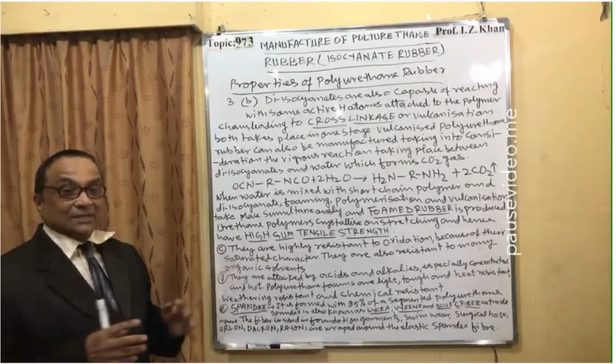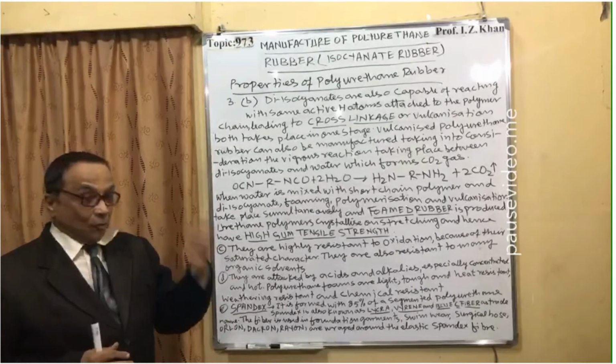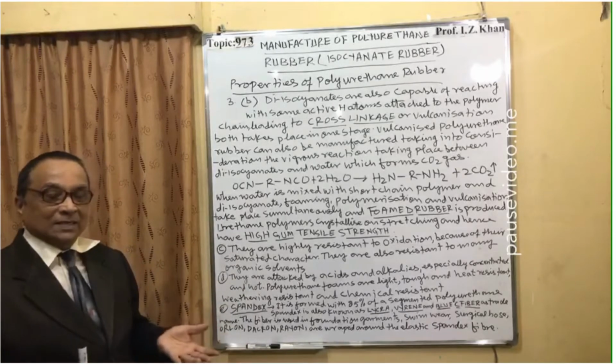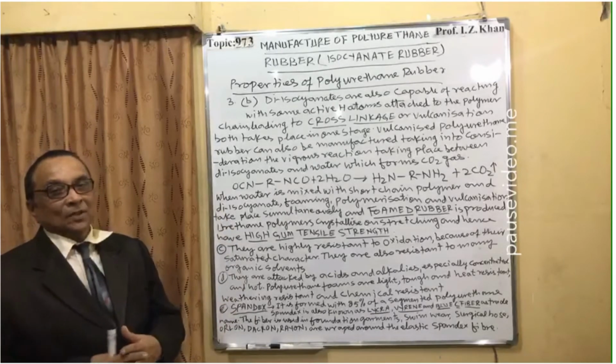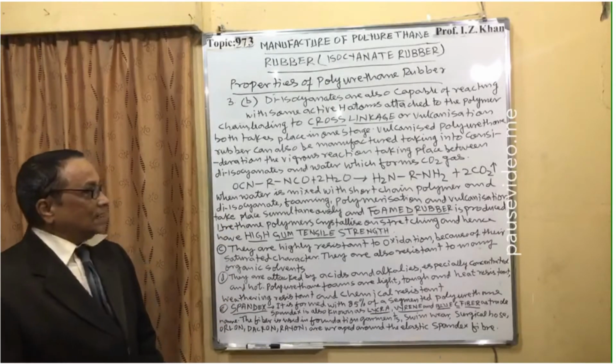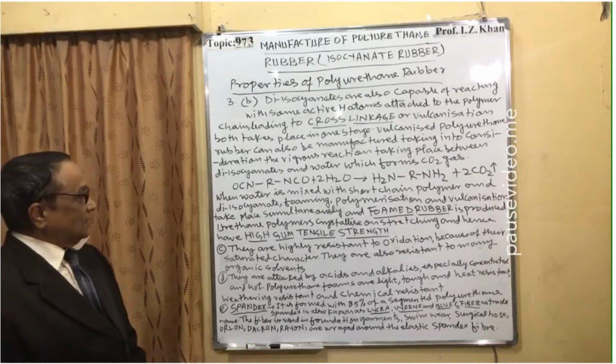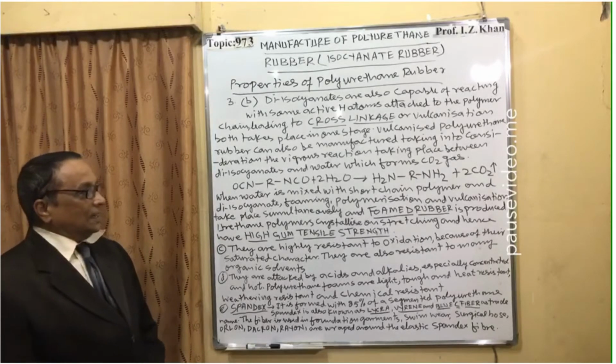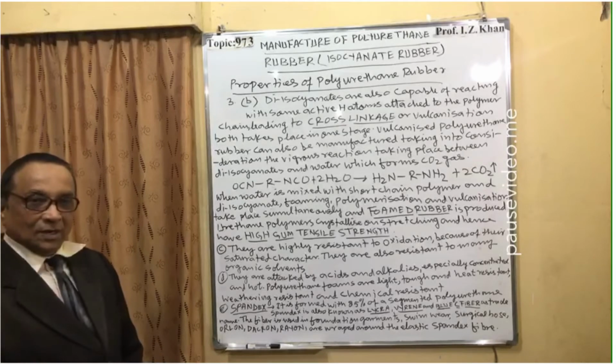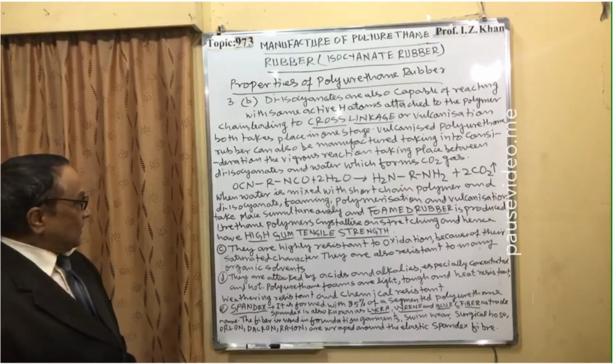So once it is mixed like that, there will be a foaming reaction, and at the same time vulcanization will also take place simultaneously, and foamed rubber is also produced during this process.